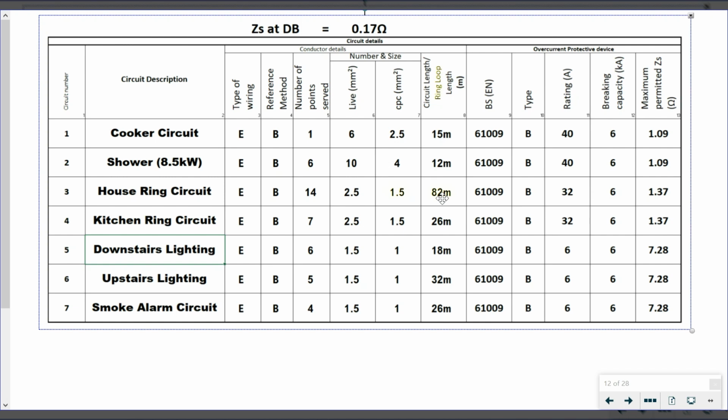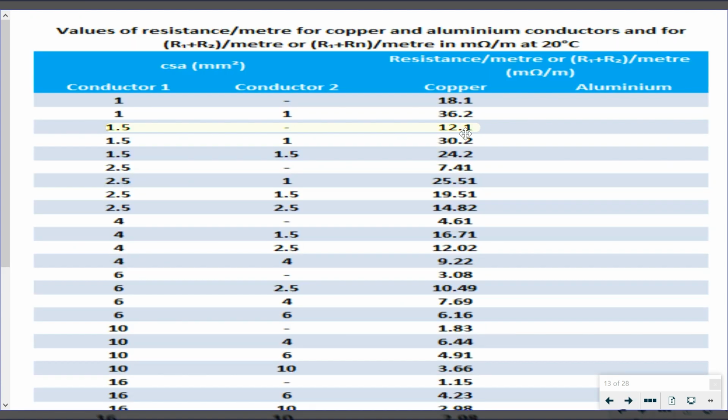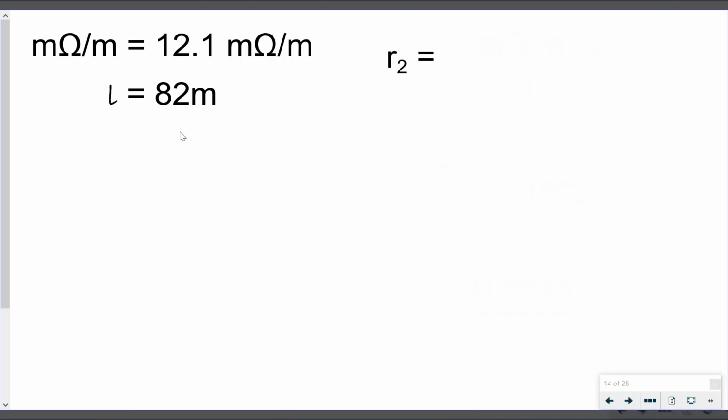Again, we're looking at this house ring final socket circuit, but this time we're looking down the CPC column. It's a 1.5 millimeter squared CPC. There's the ring loop length, 82 meters. Back again into the On-Site Guide, Appendix I, or Guidance Note 3, Appendix B, looking at the single conductor, 1.5 millimeter squared, we have 12.1 milliohms per meter at 20 degrees C. So we take those values and plug them into the same calculation.